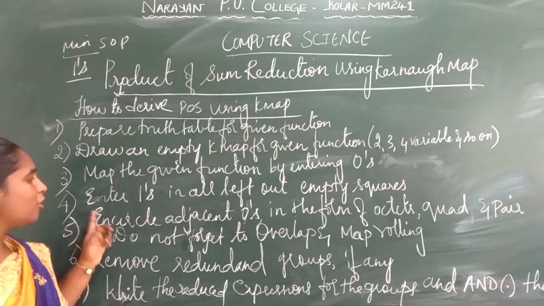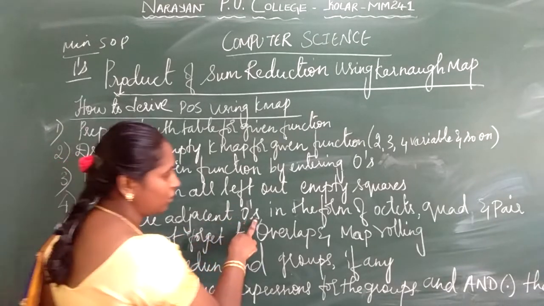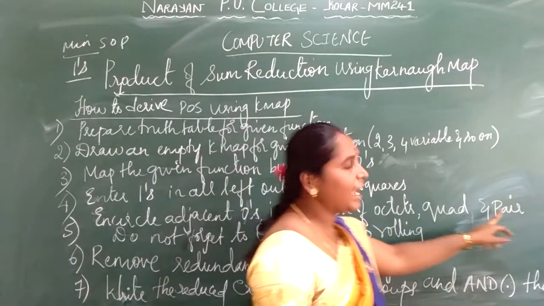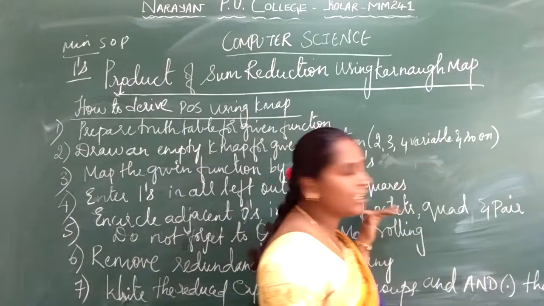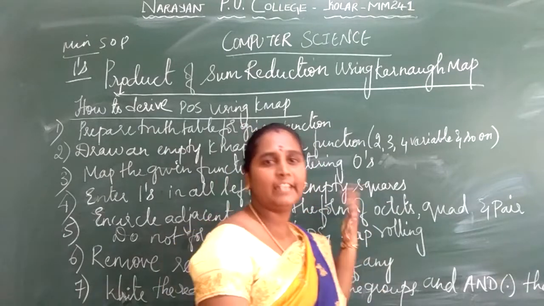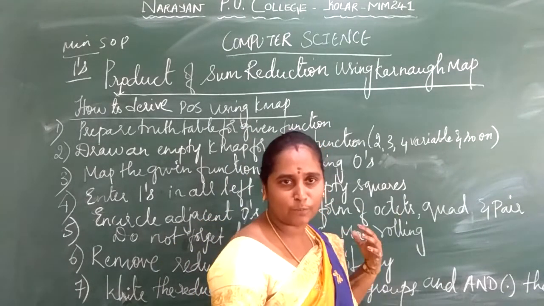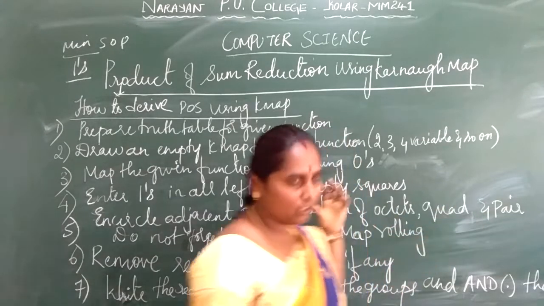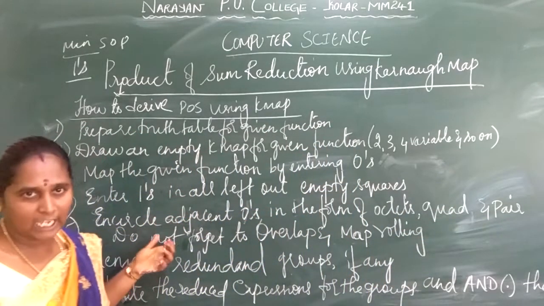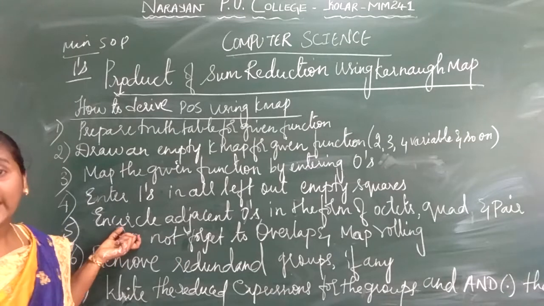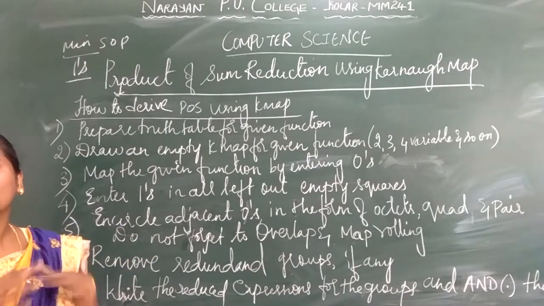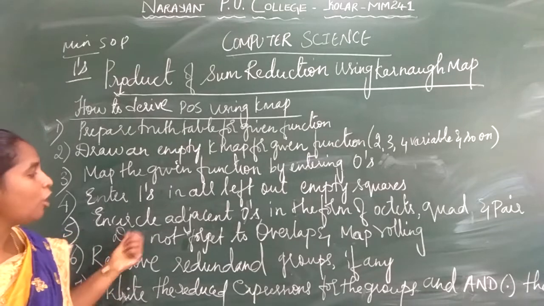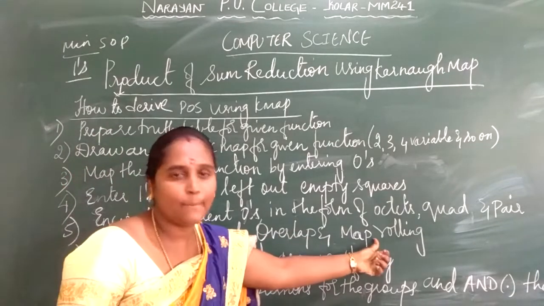Then you are going to encircle adjacent zeros, first forming octets, quads and pairs. First find whether an octet is possible, next whether a quad is possible or a pair is possible. After finding your octet, quad or pair in the given K-map, if there is any map rolling or overlapping, you have to perform map rolling and overlapping. Do not forget to overlap and map roll.